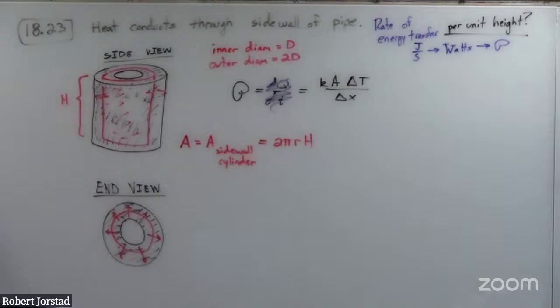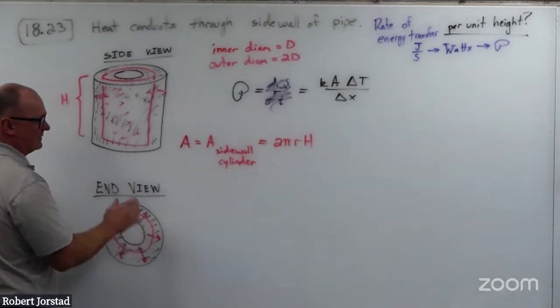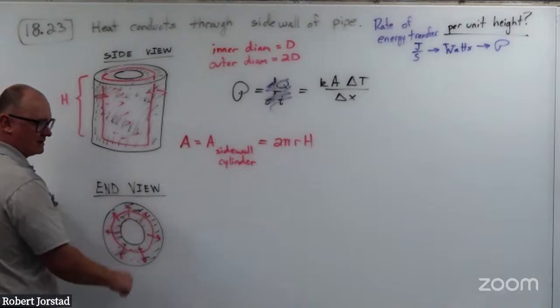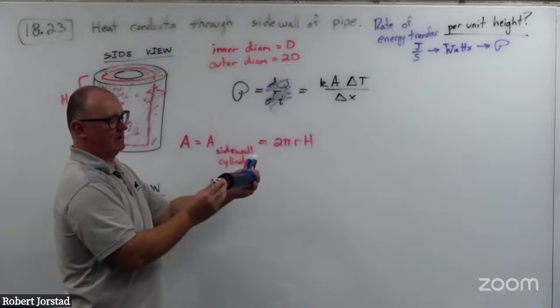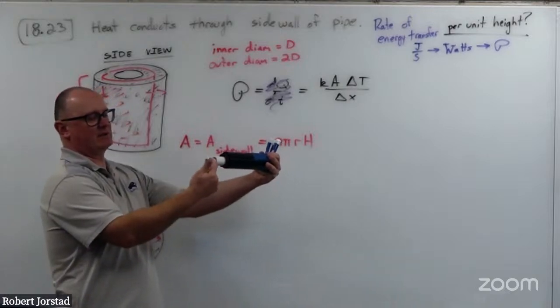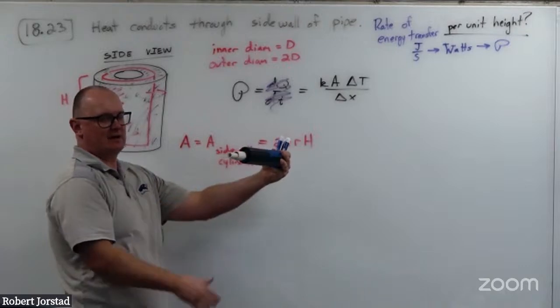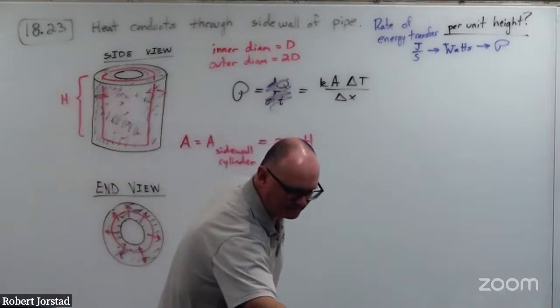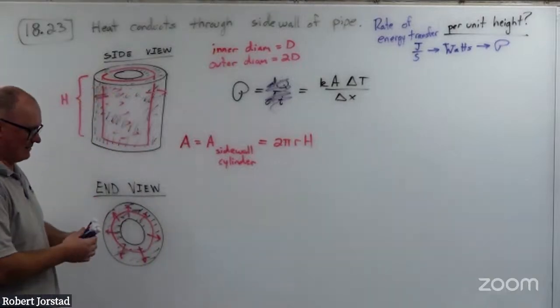Now, think about this. As you go further and further out, the temperature difference across each little subpipe is not going to be the same from the inner to the outer. As we go outwards, we expect to have different DTs. Here, delta X is not really a good name for it.